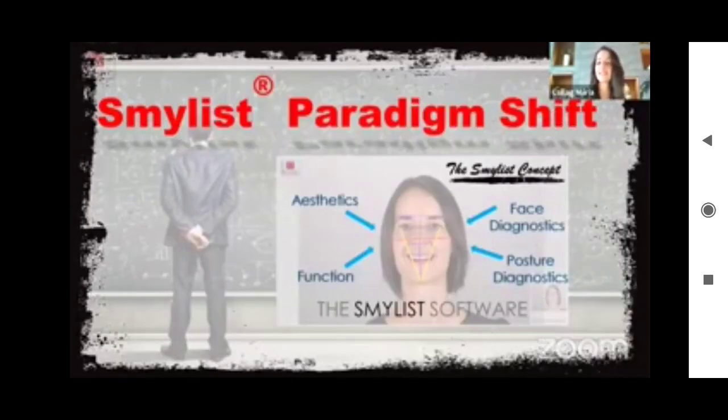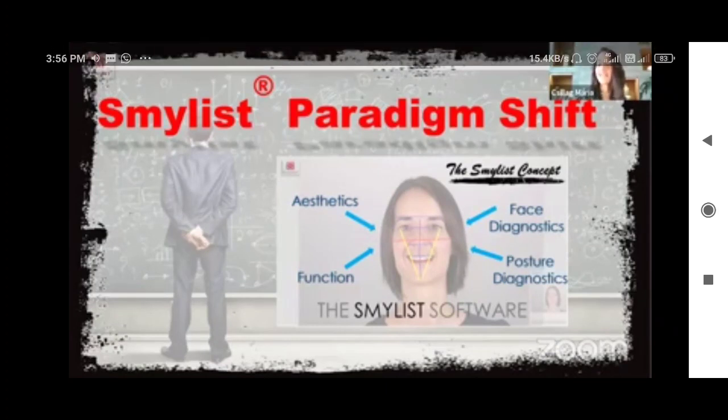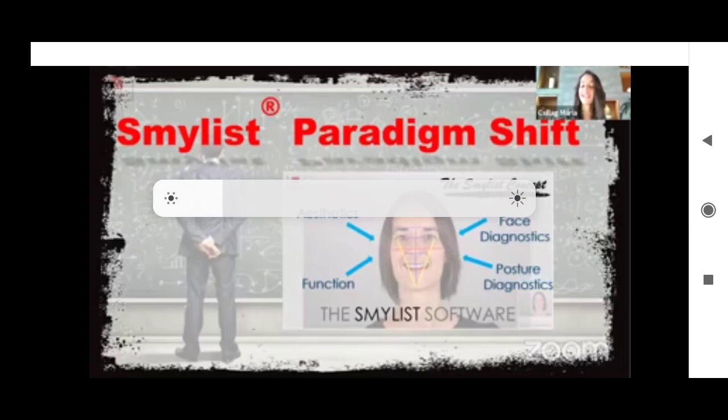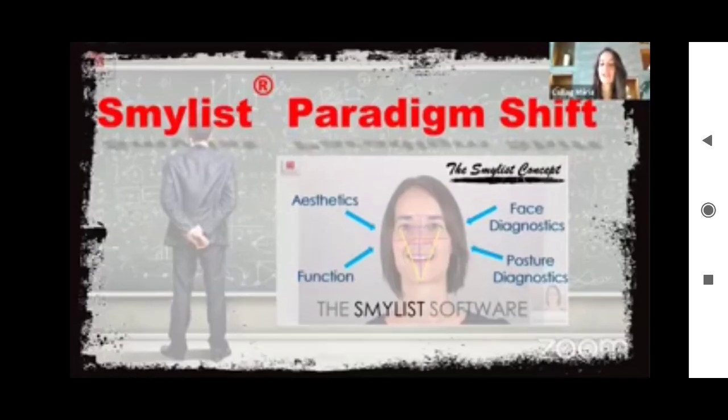So this is the first paradigm shift that I made, and I'm very happy to share with you that you have to use all your knowledge and all the design from the face as one package. Using this package and this knowledge, you have to find out the function as well.